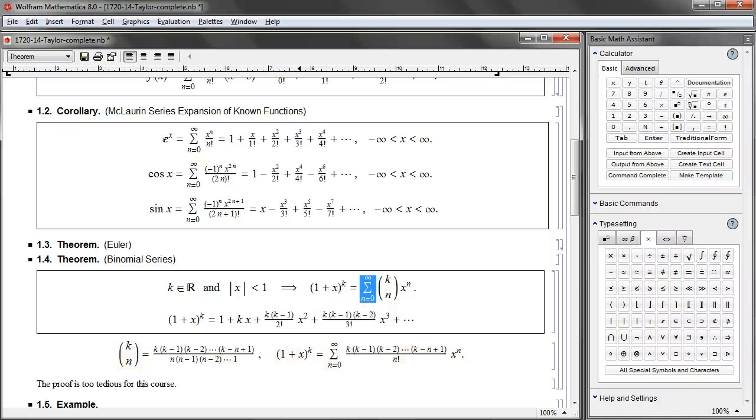So the summation actually reduces to the summation from n equals 0 to k, consequently yielding the binomial theorem. In general, however, we have the binomial series expansion, kind of like this or that.